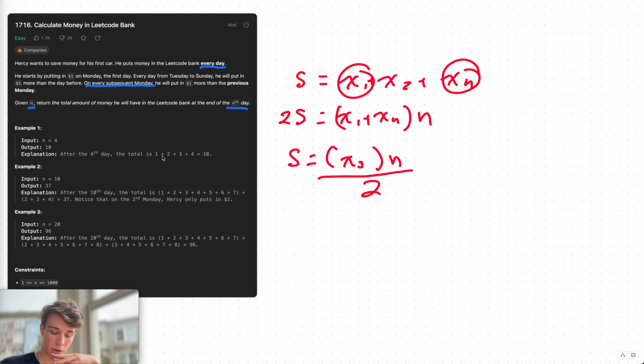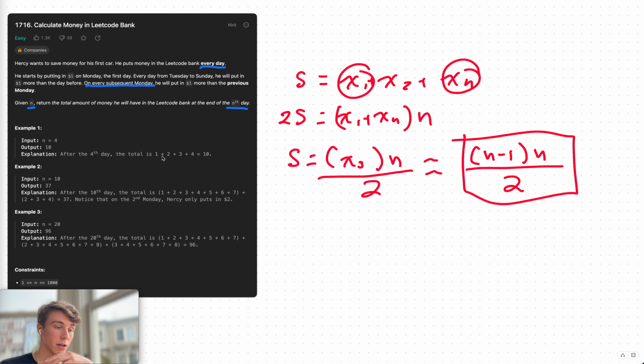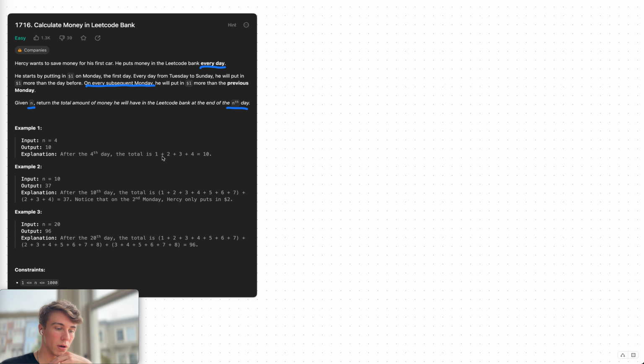It's commonly written like this also, n minus 1 times n over 2. You might have seen this before. Here, we're given a little bit of a different scenario. We don't start from 1 each time.